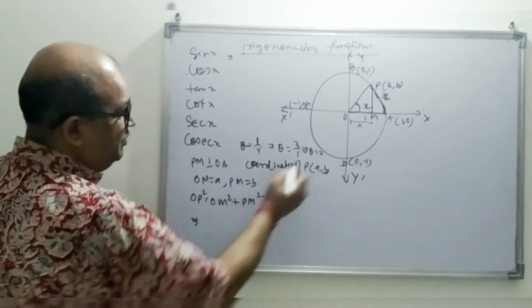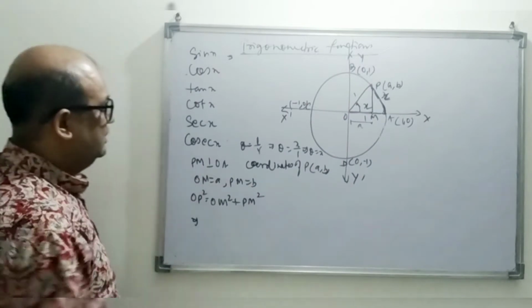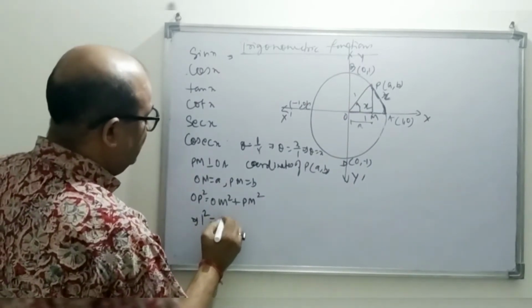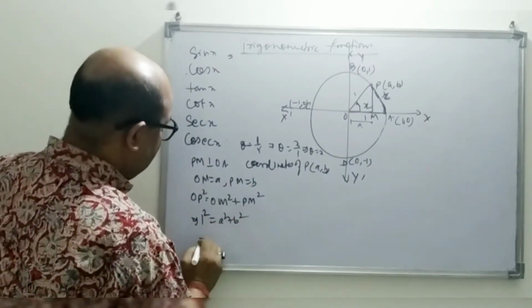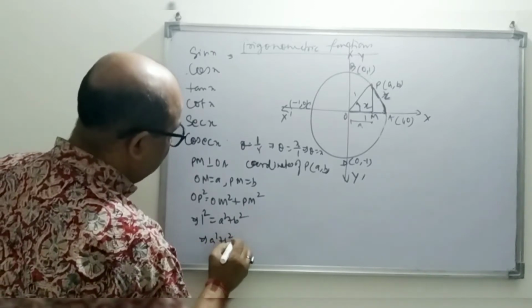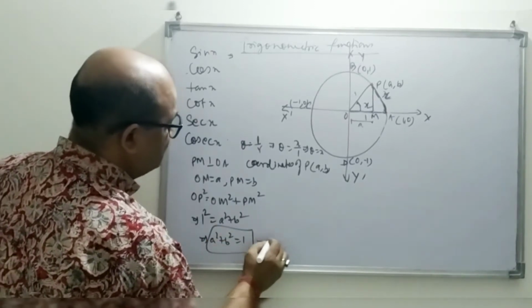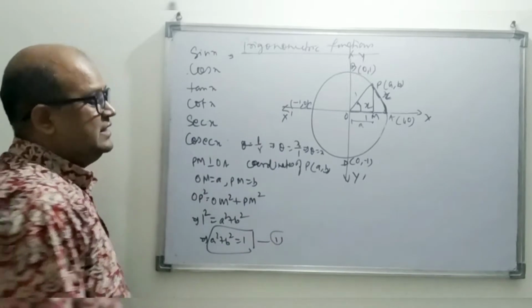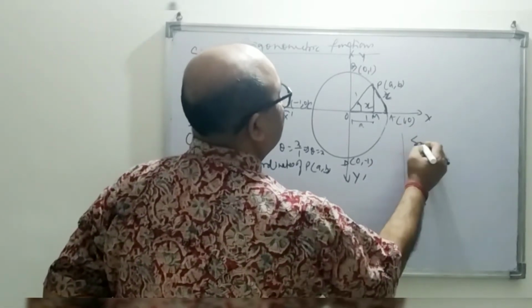OP is 1 unit. That means 1 squared equals a square plus b square, that is a square plus b square equals 1. This is equation 1.